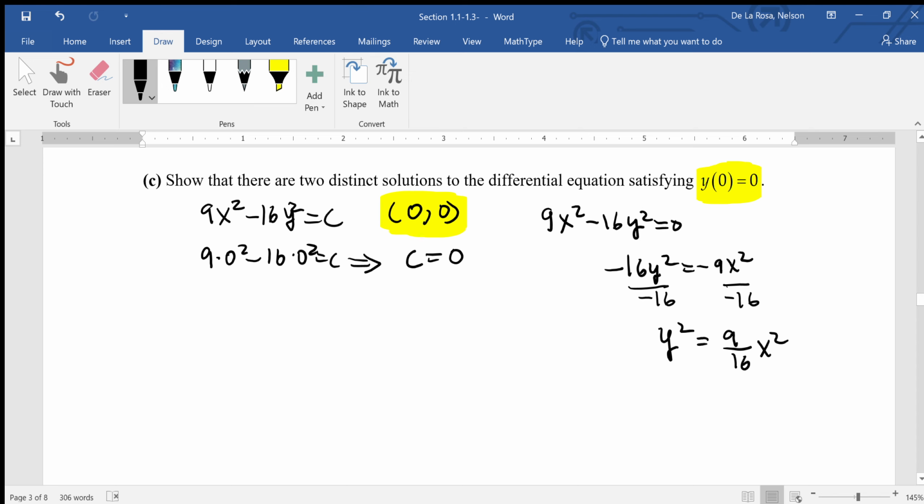And then, trying to isolate y, we apply a square root on both sides, right? So we have y equals what? 3/4 x. Anything missing here? Yes. Whenever you apply a square root, we have plus or minus. So we have two different solutions, right? One is positive and the other one is negative. That is why we have two different solutions for this particular condition.